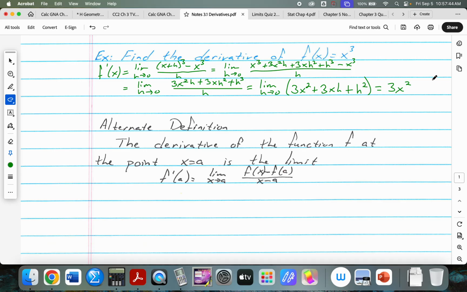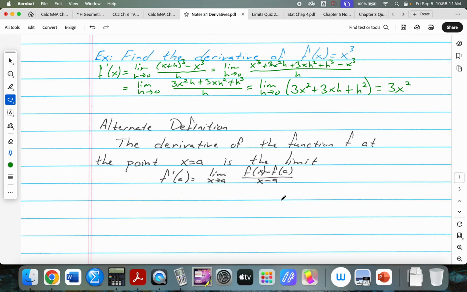So this says that the derivative of function f at the point x equals a, f prime of a, is equal to the limit as x goes to a of f of x minus f of a over x minus a. You're like, wait a minute. Okay. So what we're doing is letting x get really close to this a value.